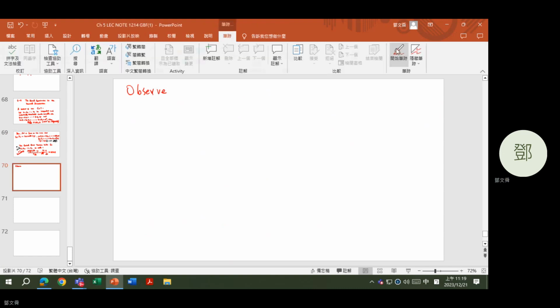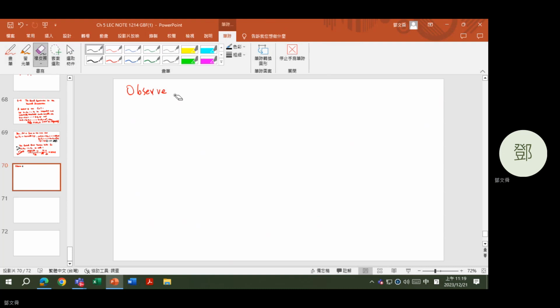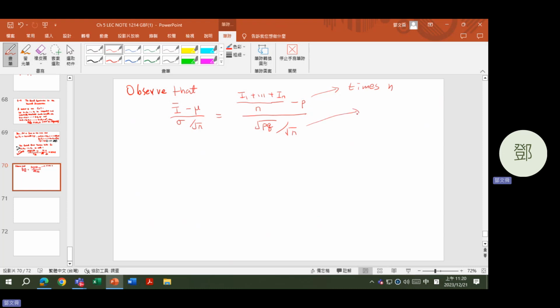Observe that. Equal. And this one times n, and this term times n as well.